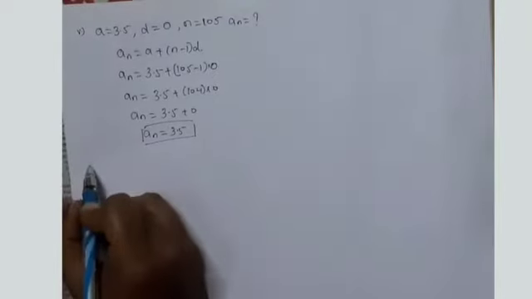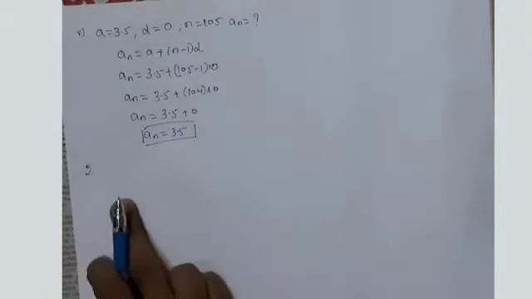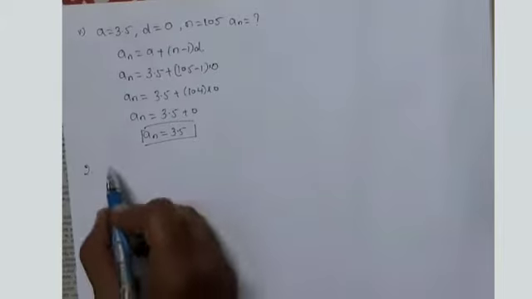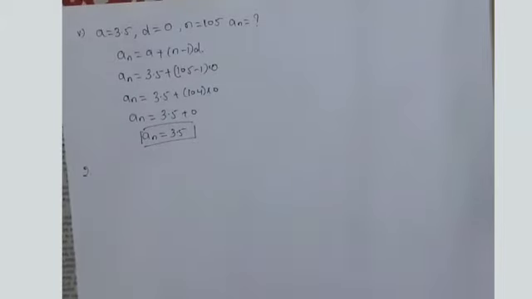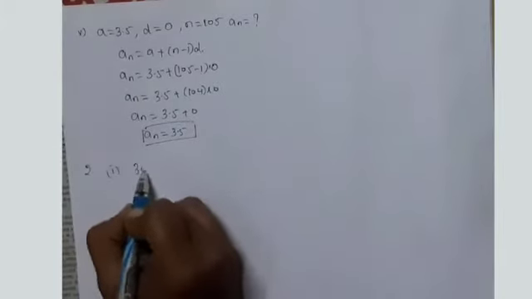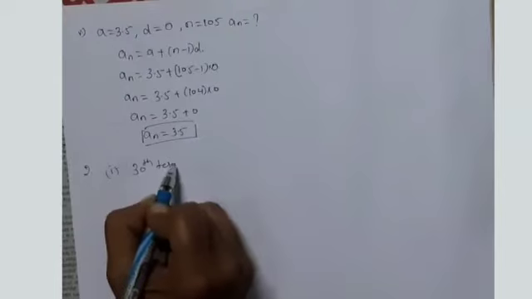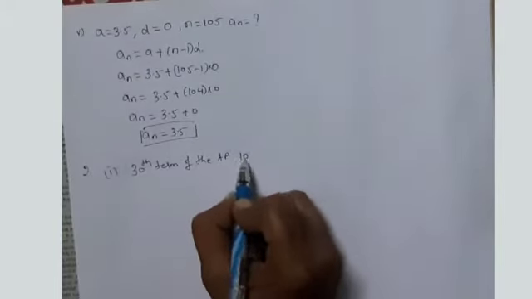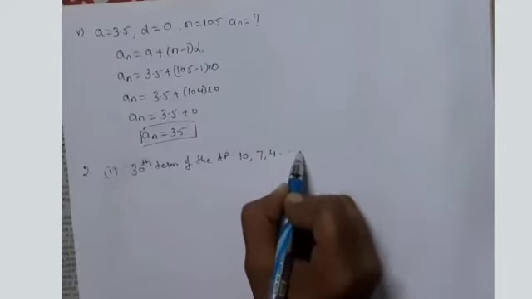Let us move on with the second main question. Here in the second main question, you have to choose the correct choice in the following and justify. The first question given for you here is the 30th term of the AP 10, 7, 4 and so on.